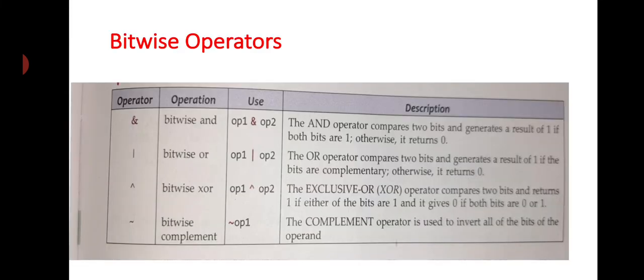For example, suppose we look at the AND operator. Now if we have written 10 is greater than 5 and 6 is greater than 3, now this will return true.